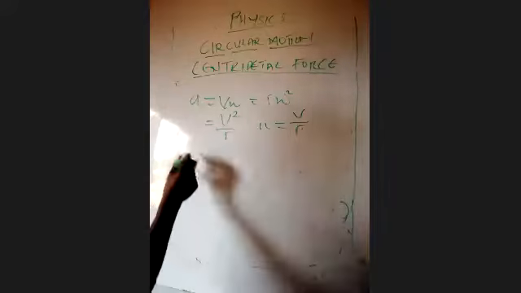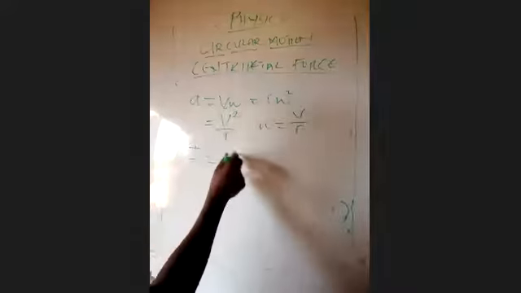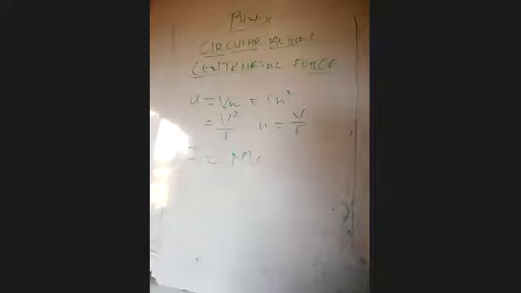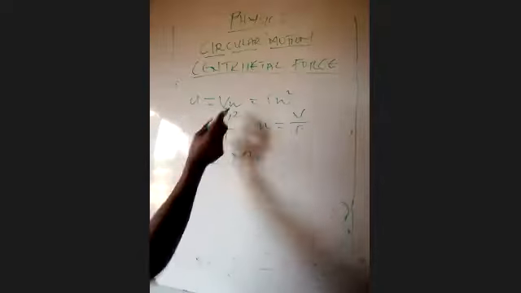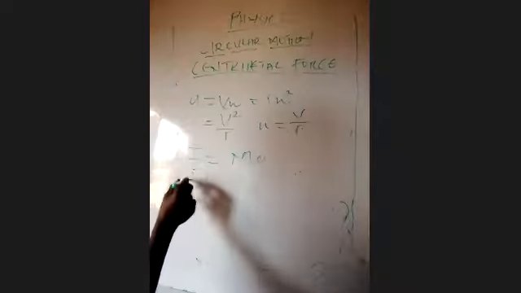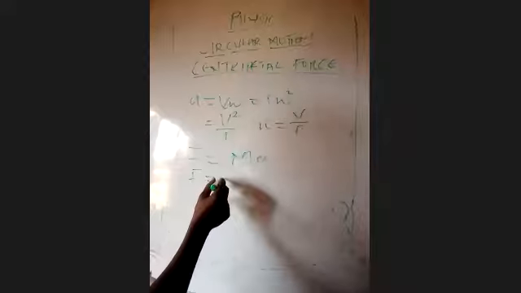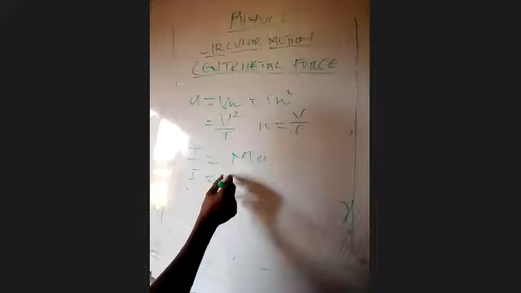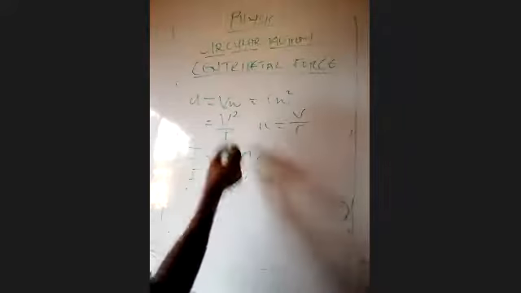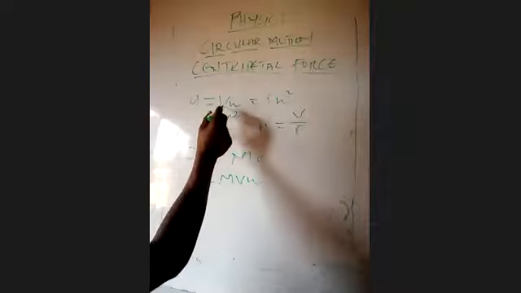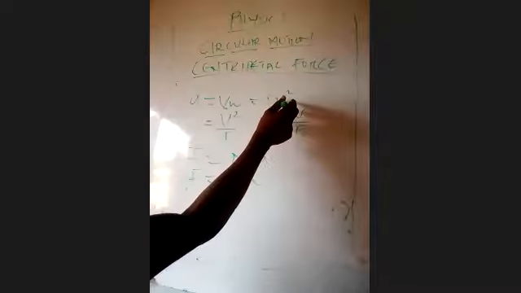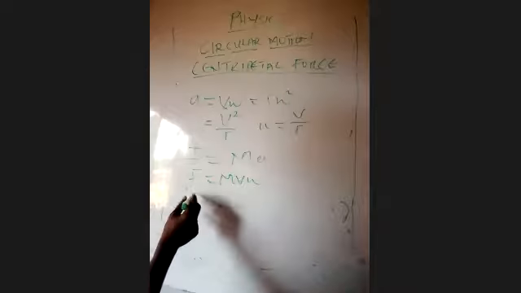Thus, we can say that the force is equal to ma, as we already know. So mass times acceleration. And don't forget that our acceleration here now is VW. Our acceleration is RW to the power 2.